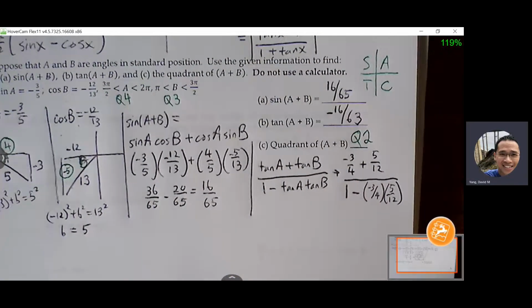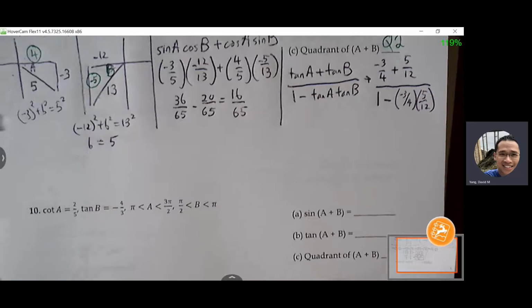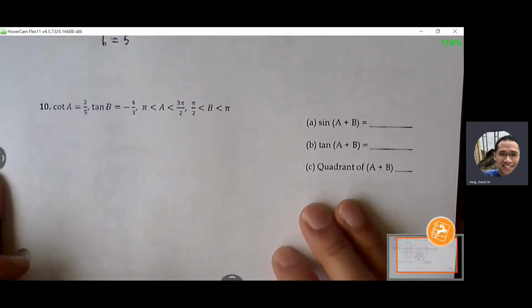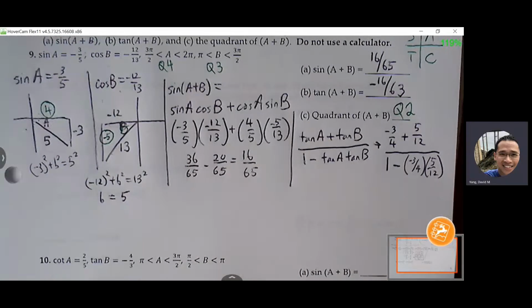Okay, one last one. Number 10. Let's build our triangles. Once we have our triangles populated, then the rest is just finding all those fractional values. Are we okay so far? All right, number 10. Cotangent of A equals 2/5.